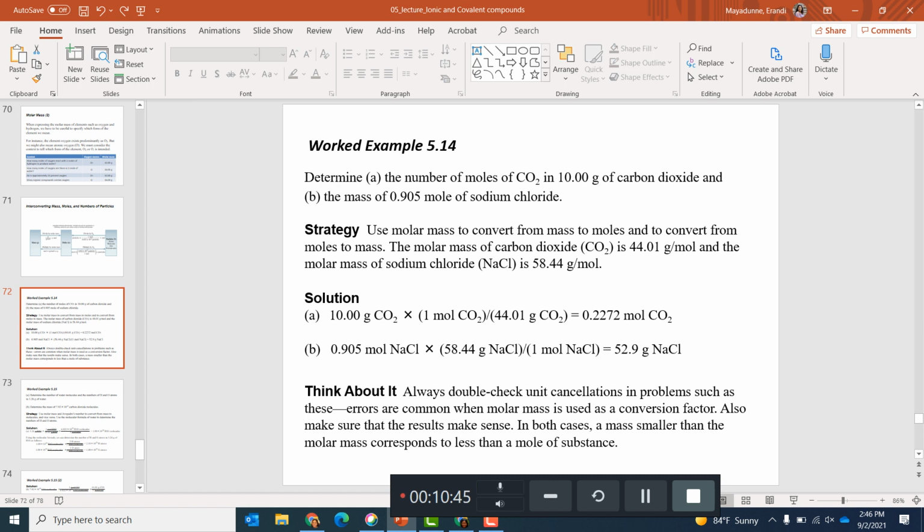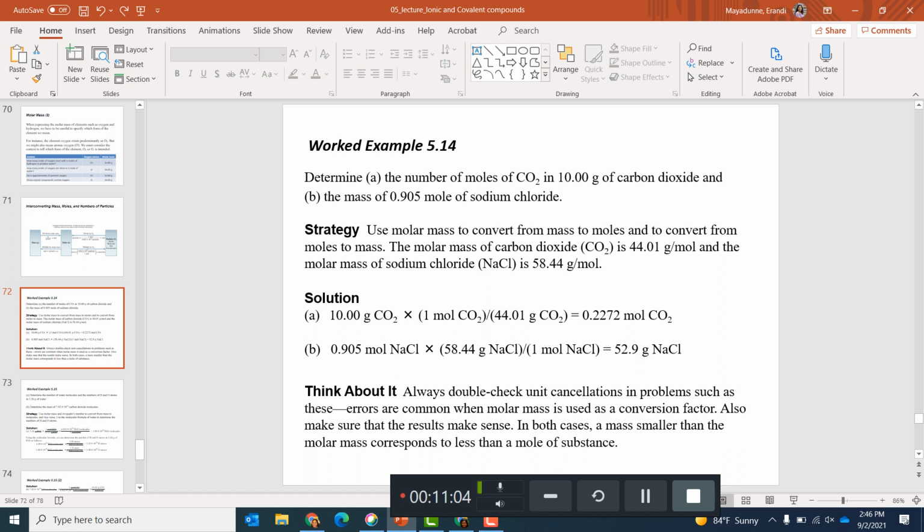Okay, so my question: determine the number of moles of carbon dioxide in 10 grams of carbon dioxide. For the number of moles, you take the given mass, which is 10 grams. In order to convert to moles, you divide by the molar mass of carbon dioxide.